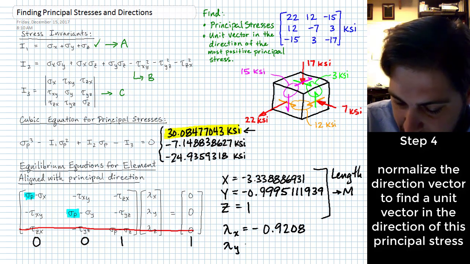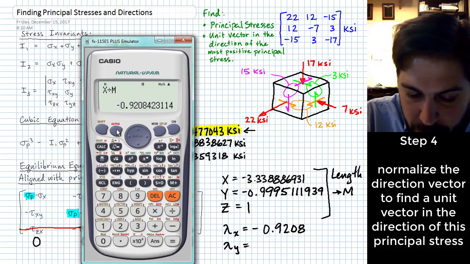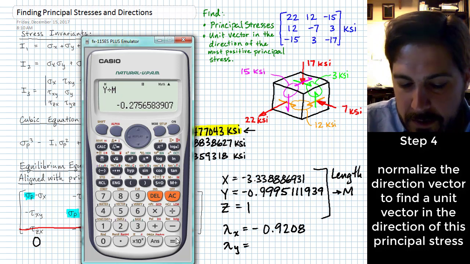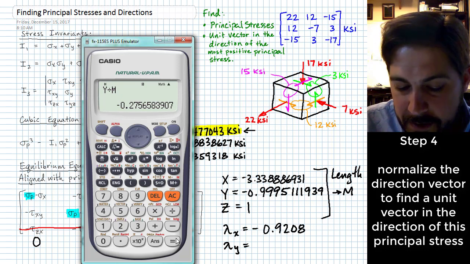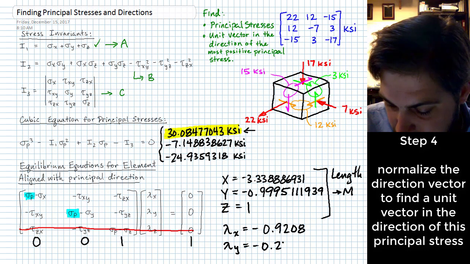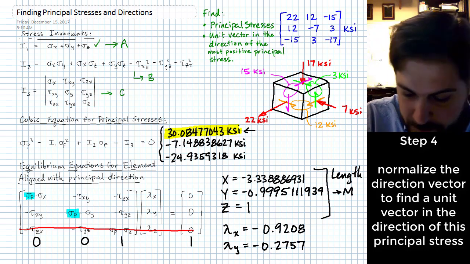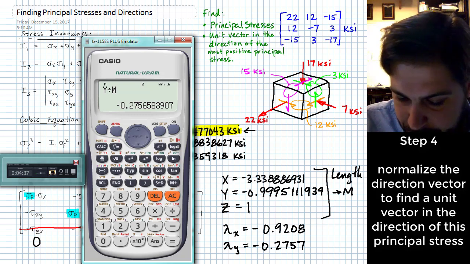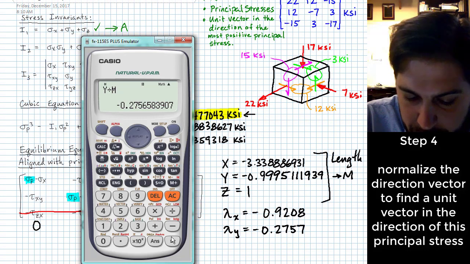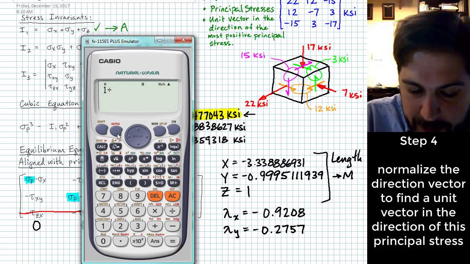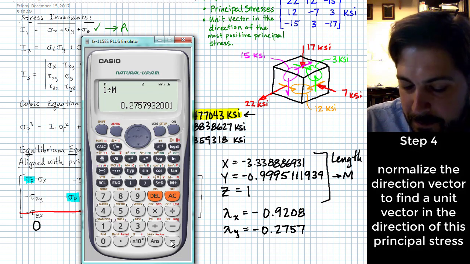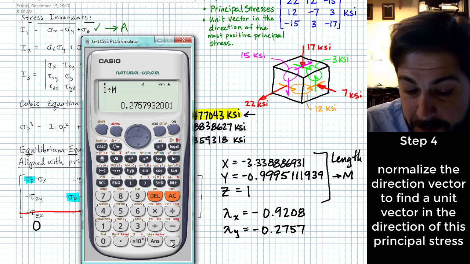The y component that we have, we will take what we have stored in y and divide by what I have stored in m. And that gives me negative 0.2757, we'll say. And then the last component that we have here would be 1 divided by what I have stored in my m variable. 1 because that's the length of the component of this non-unit vector that we just found because we set it that way.